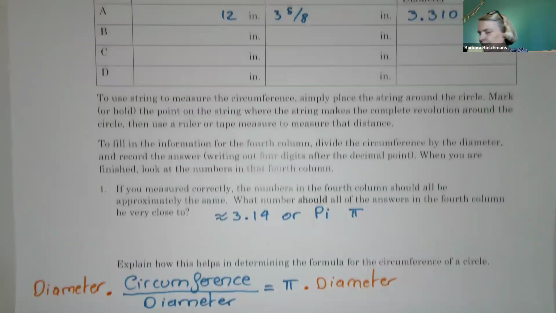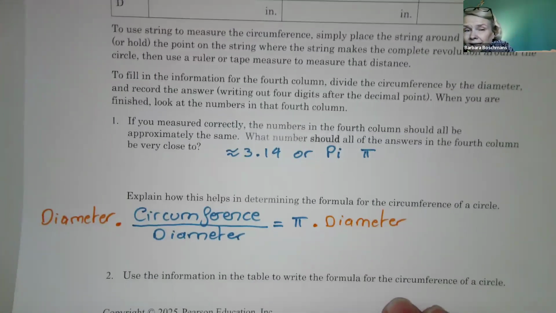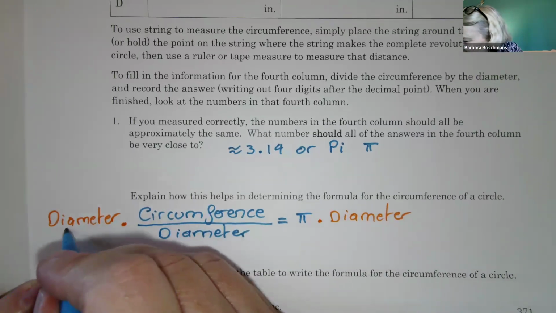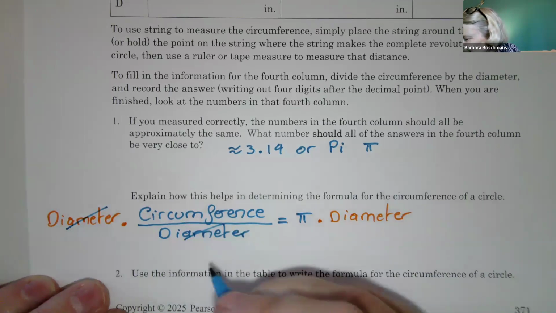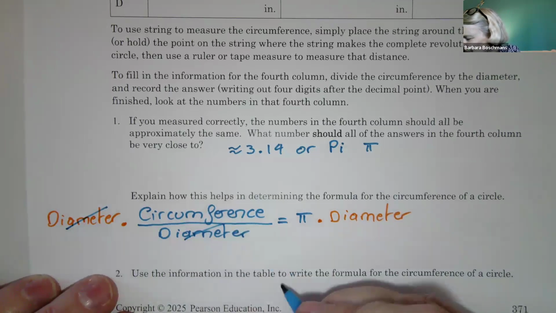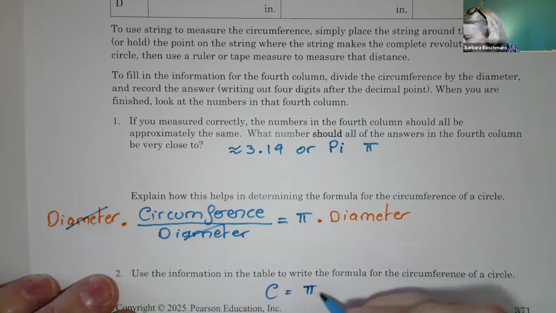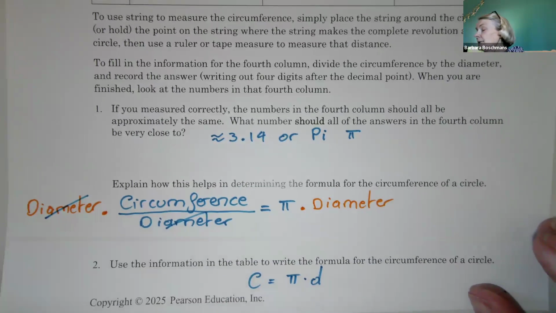I would do that so that I can divide out diameter on the left-hand side. And that just says that my circumference, C, is pi times D, where D is the diameter.